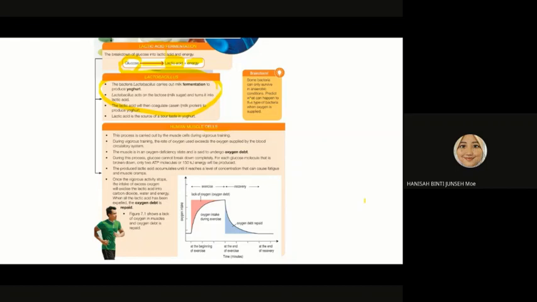It's a milk sugar. Milk contains lactose, and this bacteria, lactobacillus, acts on lactose. So lactose means milk sugar. So it turns the milk sugar into lactic acid.